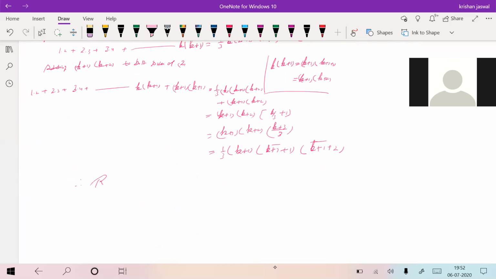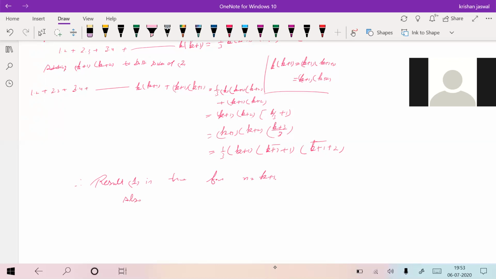Therefore the result is true for n is equal to k plus 1 also.